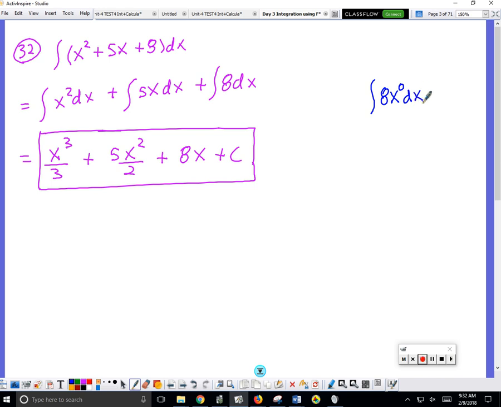So this is just 8 times 1, which is 8. Now if I use the rule, 8 is a constant, and I have x to the n, correct? Using the x to the n rule, this would become x to the 0 plus 1 divided by 0 plus 1, which is just 8x. So it works. Is that your question? Good.